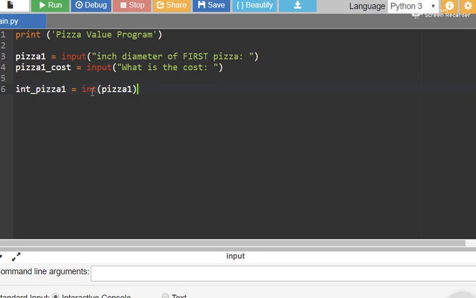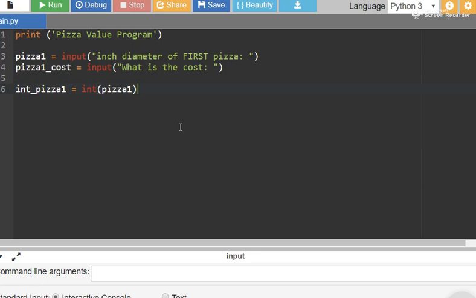So I'm converting the input into an integer. So I'm declaring another variable with the integer of pizza 1 and converting the input from here into an integer.